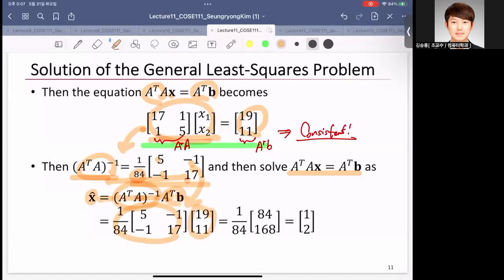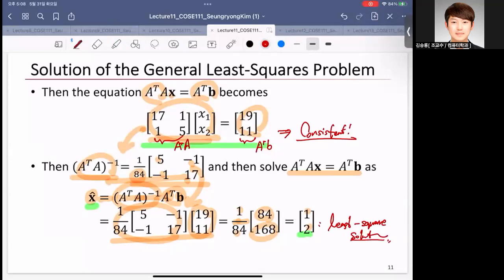I will skip the complicated computation, so if you want to follow in detail, please solve it yourself. Anyway, we further derive this as 1/84 times [84, 168], which is going to be [1, 2]. Then our least square solution x hat is going to be [1, 2]. This is the least square solution.